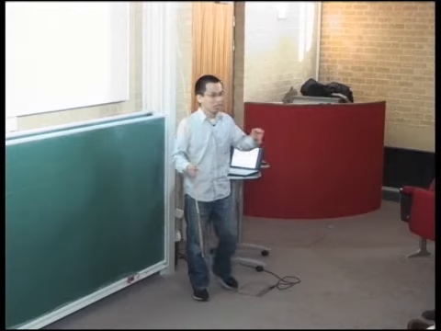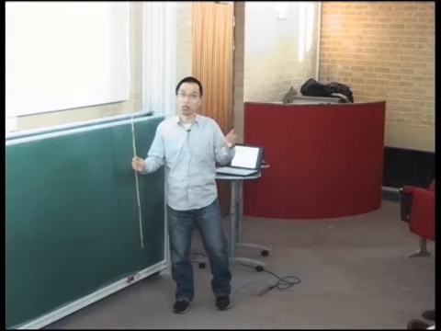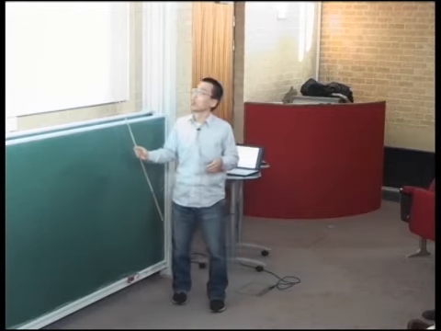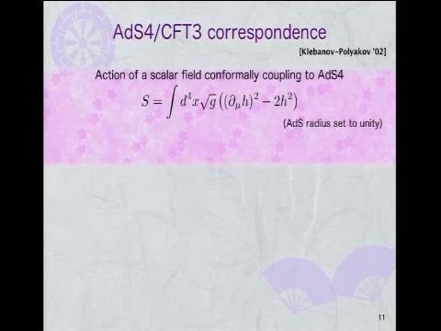Okay. Let me recap the key point of their argument. For this purpose, let me start from the action of a scalar field in AdS4, where the mass term of the scalar field is tuned like this in such a way that this scalar field is coupled to the background curvature conformally.